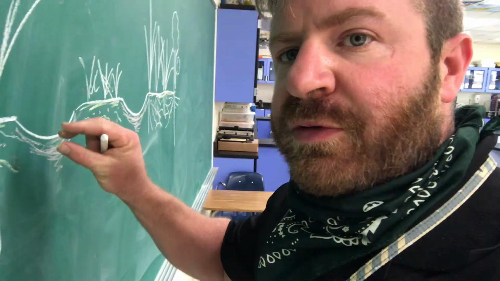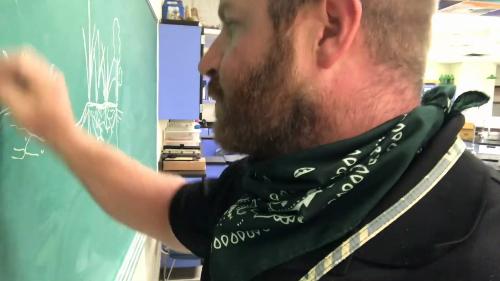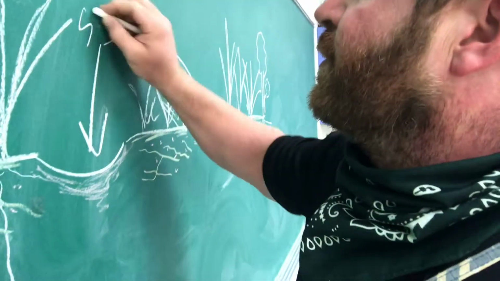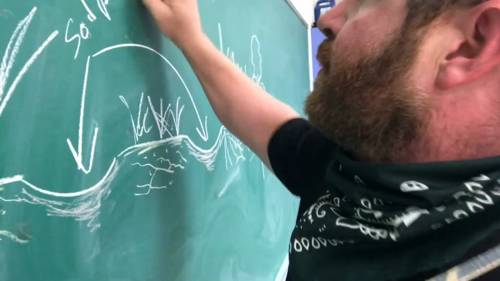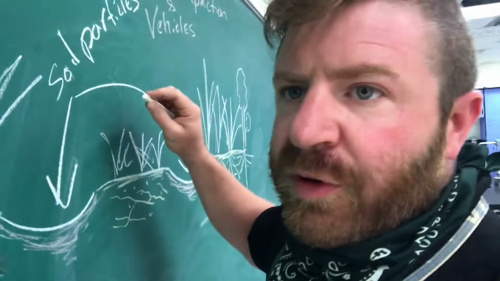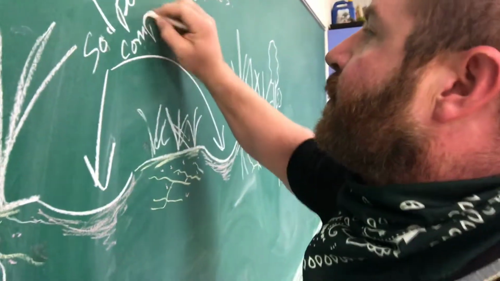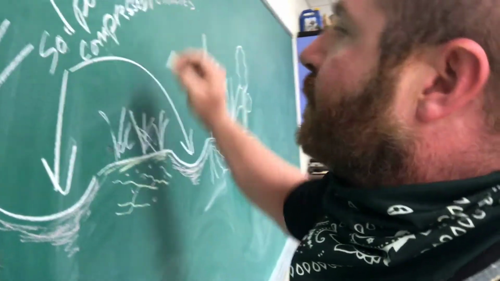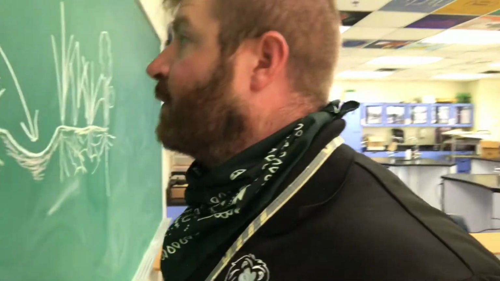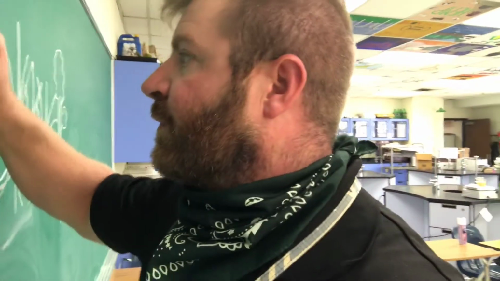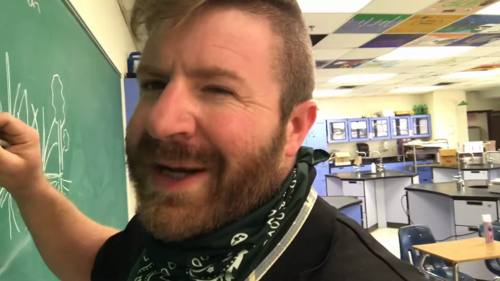You can't compact the soil. If you compact the soil, you lose all of this. So everywhere that I've driven this vehicle, the soil particles are compressed. In these areas here, soil particles get compressed. Why is that a problem? Because our little soil organisms can't get in there. So we've got no soil organisms, or subterranean organisms.